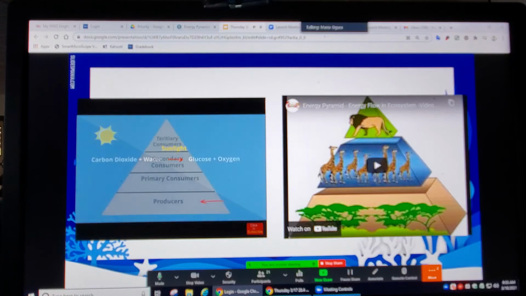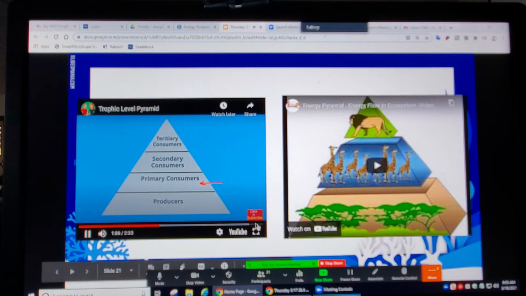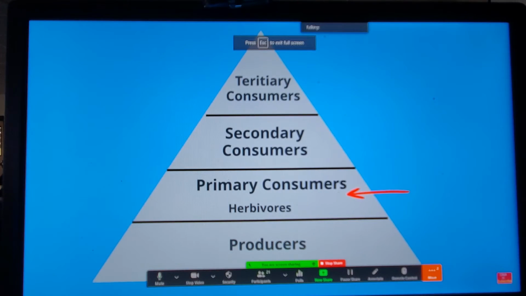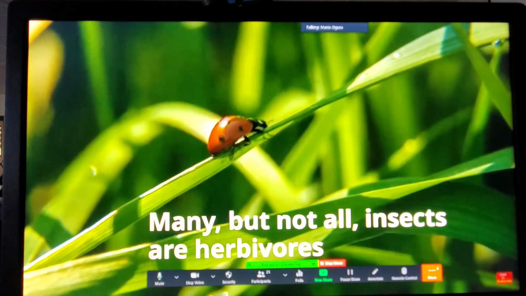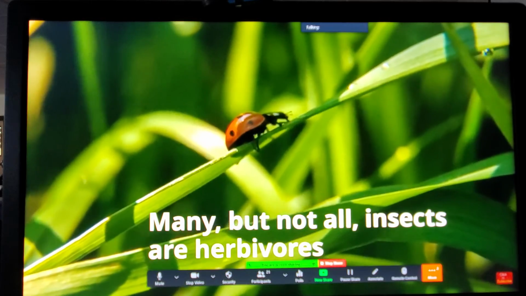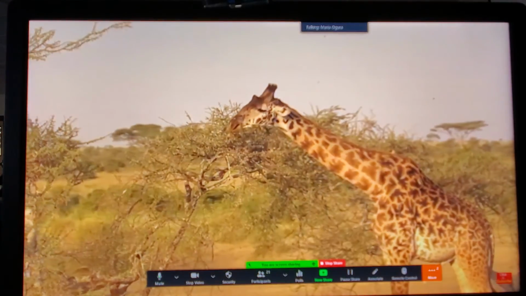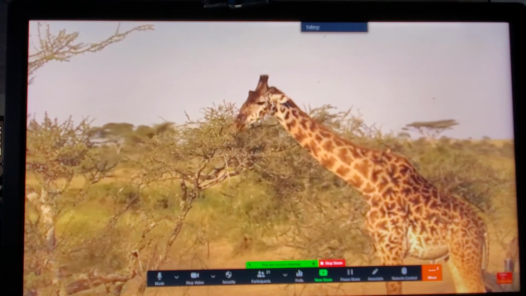Plants make up the base of an energy pyramid. The next layer includes primary consumers. These organisms are herbivores because they eat producers or plants. Examples are insects, cows, horses, and any other organisms that live exclusively on plants.